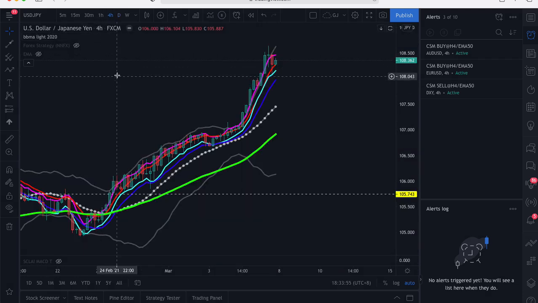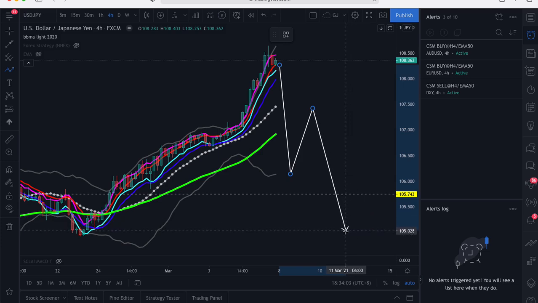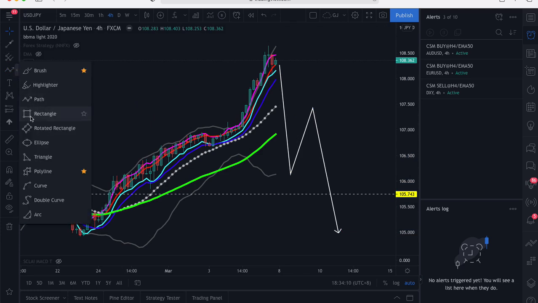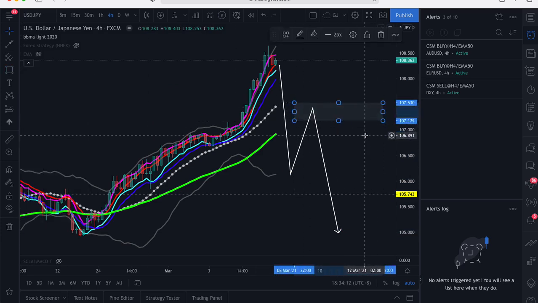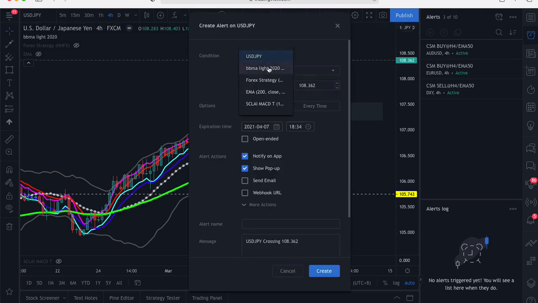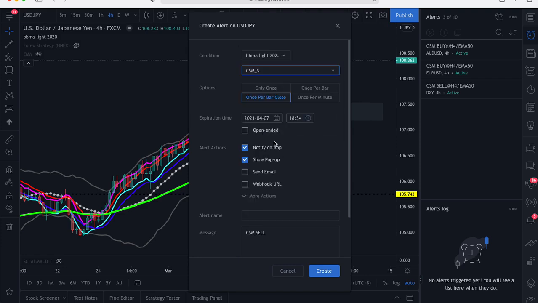So what we want to look for is on H4 for price to go down, close below the low BB, make a pullback, then we take the continuation to go down. So our entry will be around this area. Okay, so set an alert for this to happen. CSM sell.